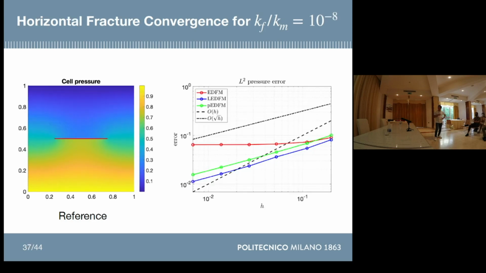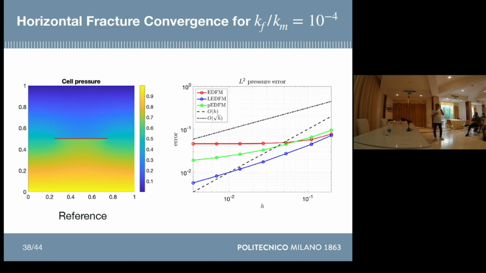While if we now pass to the horizontal fracture convergence for a very high value of the contrast, we see that the original embedded method gives high errors, so it doesn't converge, while both the local and projection-based methods do converge.